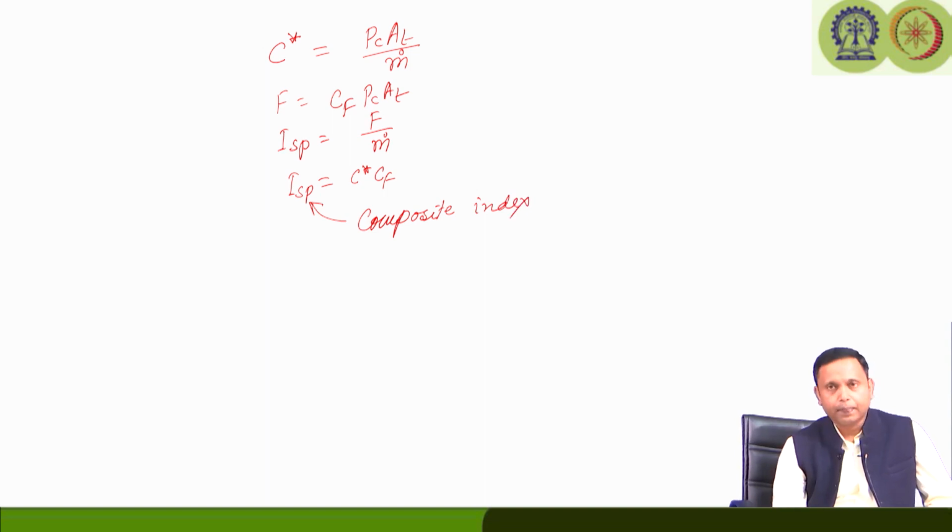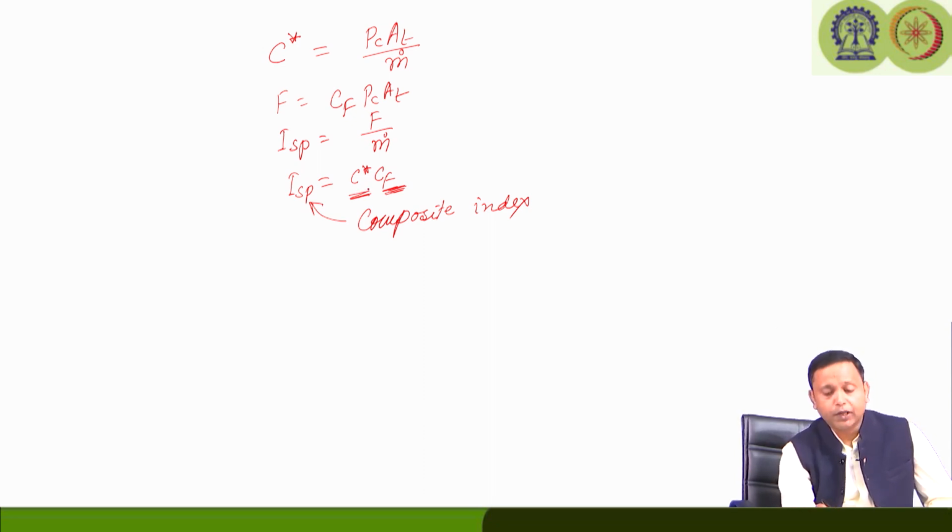which is relating the capacity of the propellant and the expansion capability of the nozzle, because C star is very much dependent on the propellant combinations or type of propellants which has the capability to produce high temperature gas.